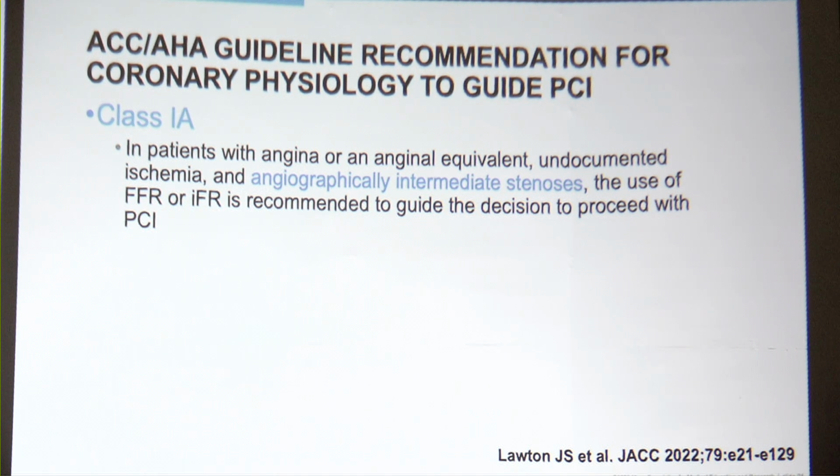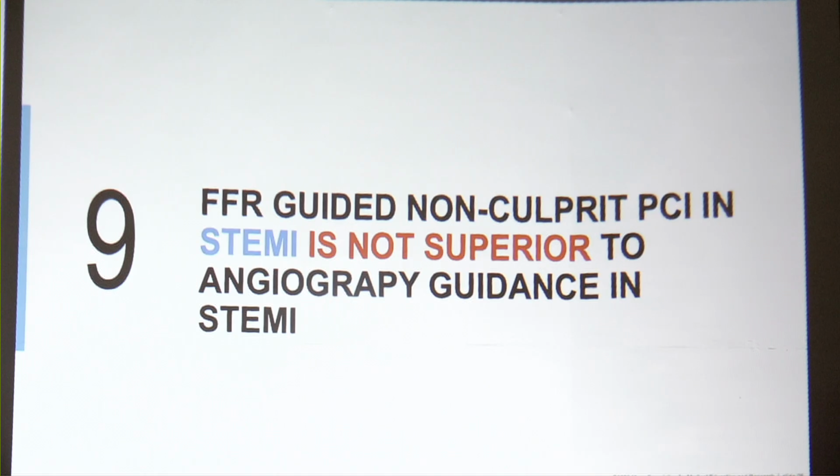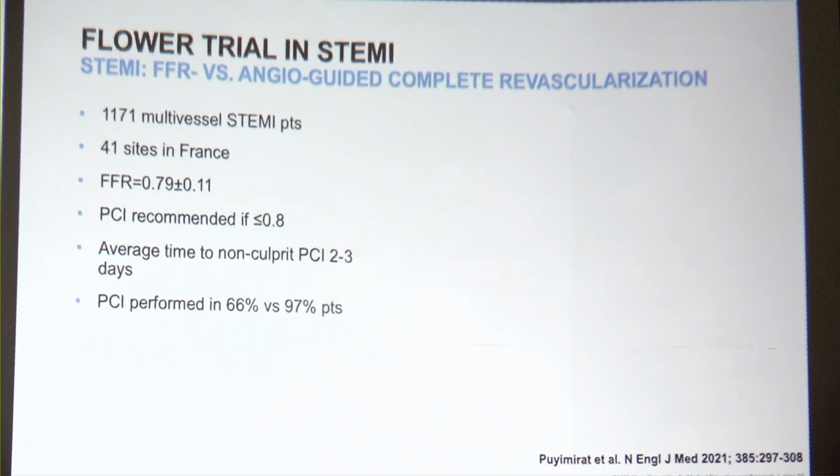So what about ACS? Can we use pressure wires and newer IFR indices for that? The answer is you can, but it probably is not very helpful. There's actually only one trial, the FLOWER trial, in STEMI patients, which randomized patients according to a guidance of angio versus FFR for non-culprit lesions.